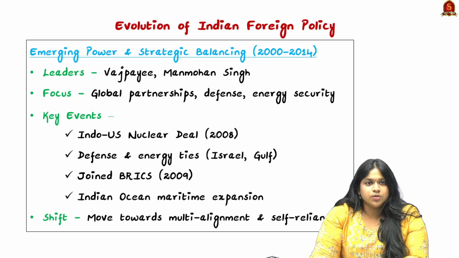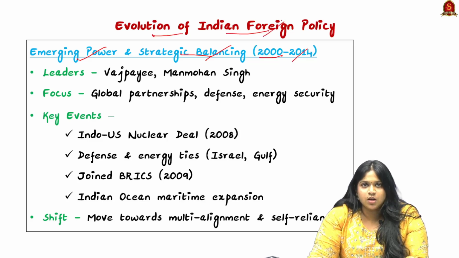So it led to the emerging power and strategic balancing period from 2000 to 2014. It was one of the shifts in the evolution of our Indian foreign policy. It was led by many leaders such as Atal Bihari Vajpayee and Manmohan Singh, whose focus was more on global partnerships, defense, energy security and military importance.